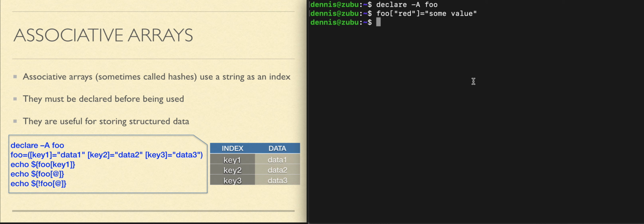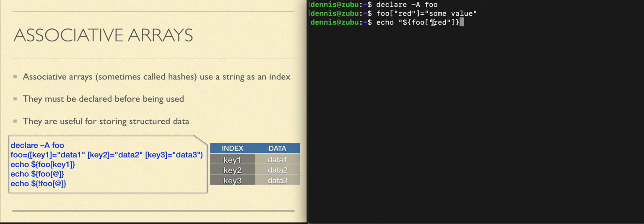The index or key for it is the string red, and the data contained is some value in this case. So if I wanted to retrieve it, I would have to ask for the variable foo with index red.